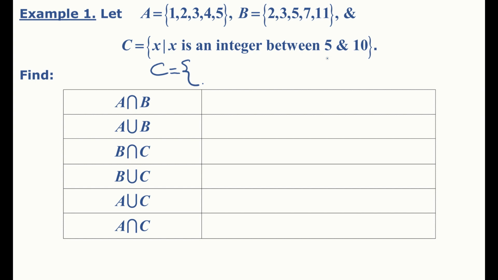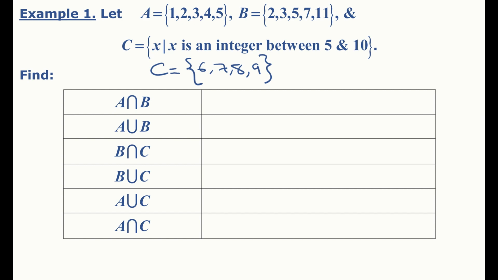But if we don't say that, they're not included. So the only numbers in this set are 6, 7, 8, 9, and that's it. Those are the integers between 5 and 10.